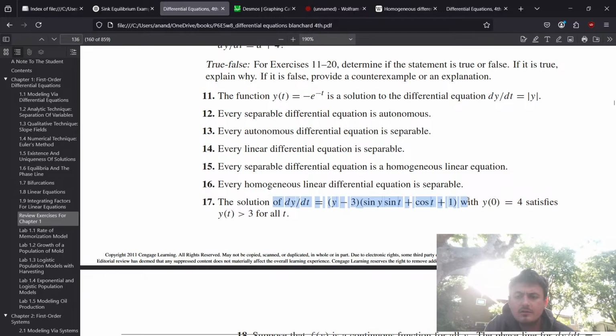The solution of this... to 0, sine of 0 is 0, so that becomes 0. This becomes 1. So we have 2.